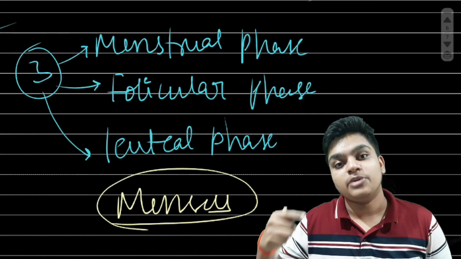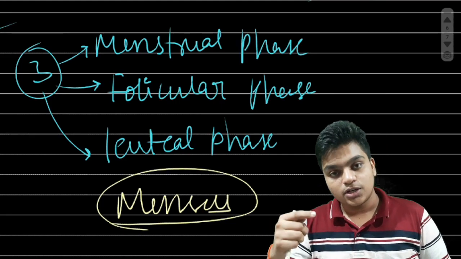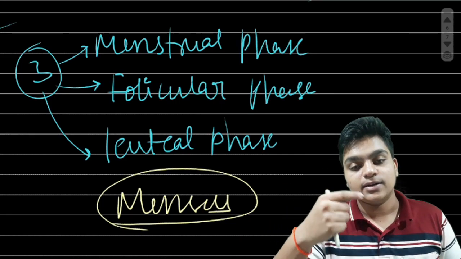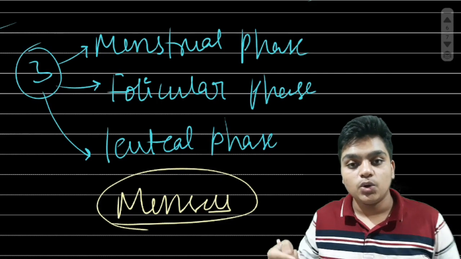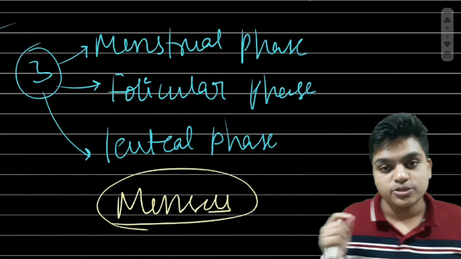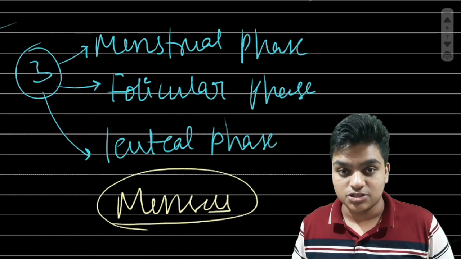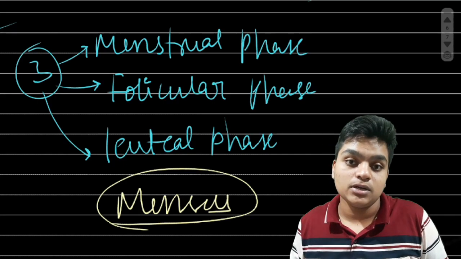So without any confusion, let me tell you that menses is the fluid which includes the blood and the endometrium coming out of the uterus. Menses starts on the first day of the cycle.